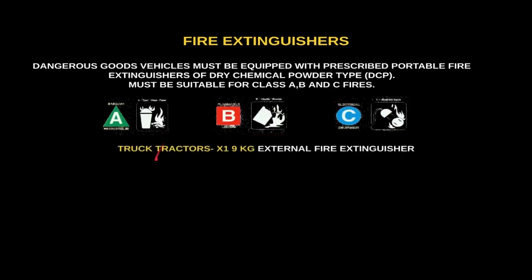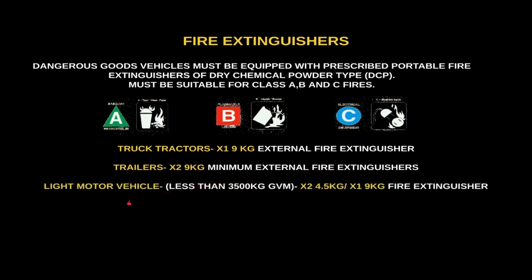And then it says here, your trucks or tractors must have one 9 kilogram external fire extinguisher, and your trailers must have two 9 kilograms a minimum external fire extinguishers. Light motor vehicles less than 3.5 tons, they must have two 4.5 kilograms or one 9 kilogram fire extinguisher.